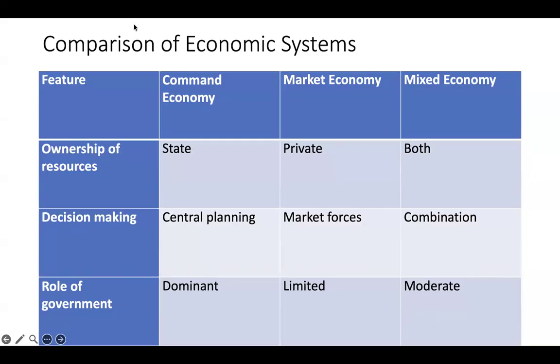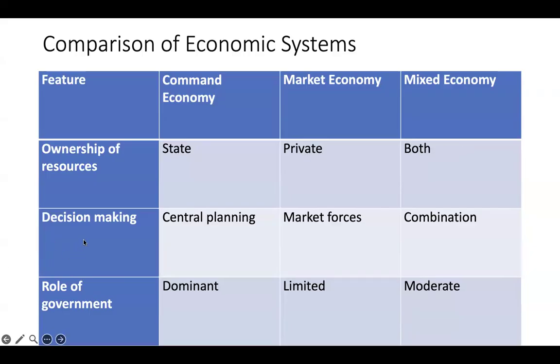So let's do the comparison. With the command economy, when it comes to ownership of resources, it is the state. But with the market economy, it is the private sector. And under the mixed economy, it is both the state and the private sector.